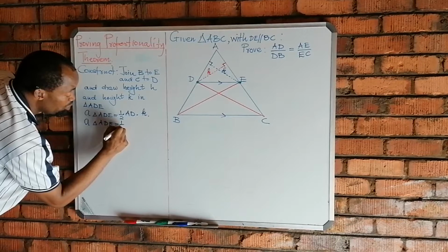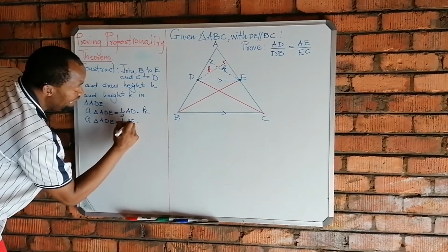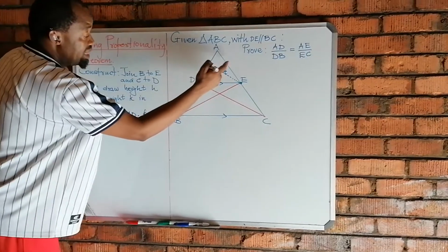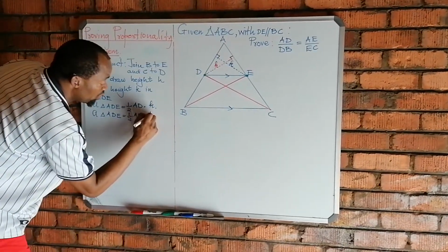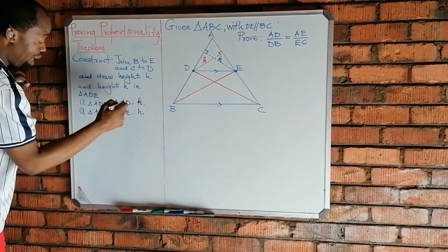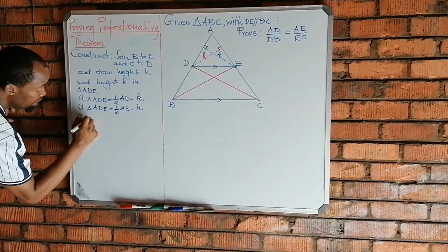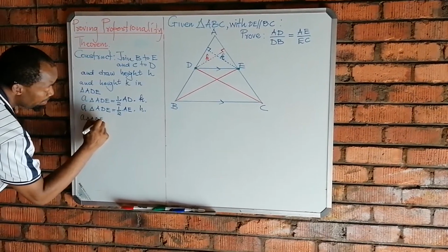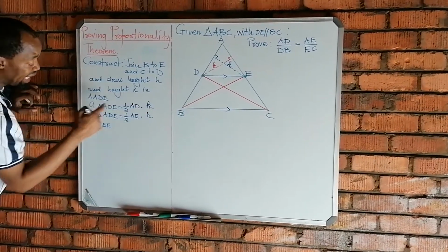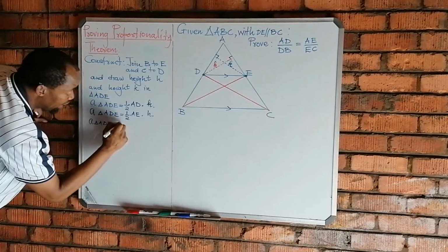That means I'm going to have half AE multiplied by the height, which is now small h. And what do I know about the area of triangle ADE? Both areas, this area and this area, will be equal.